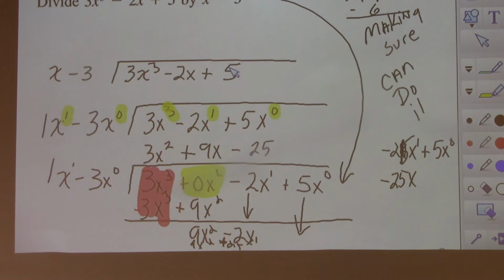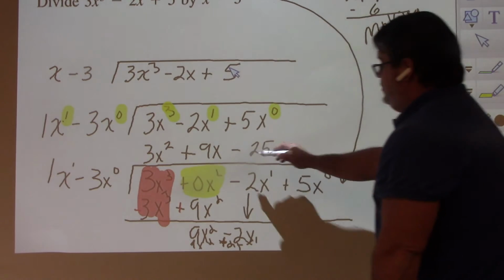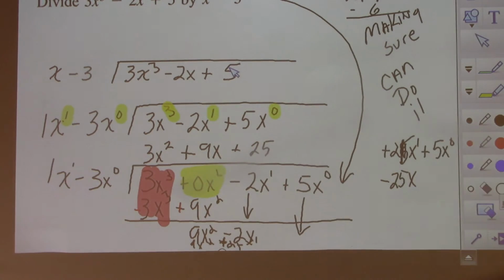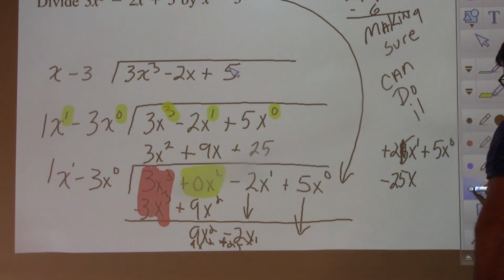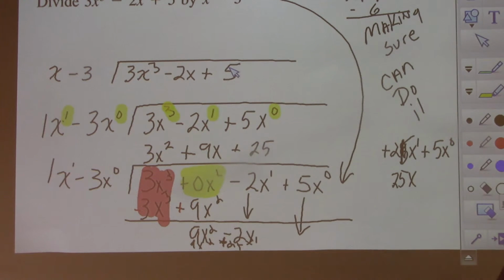It's positive 27 minus 2. Okay, thank you. Right, so that would be positive. Okay, so that would be a regular 25. And then what is 25 times negative 3? Negative 75.